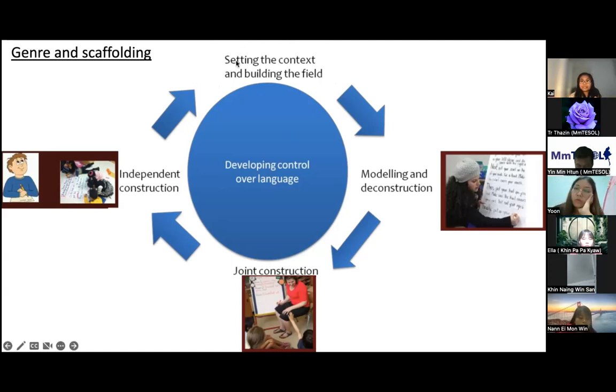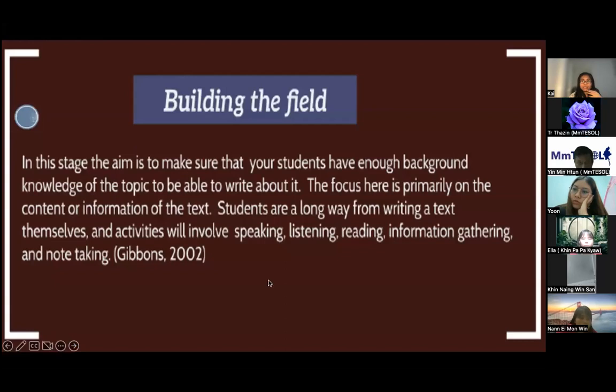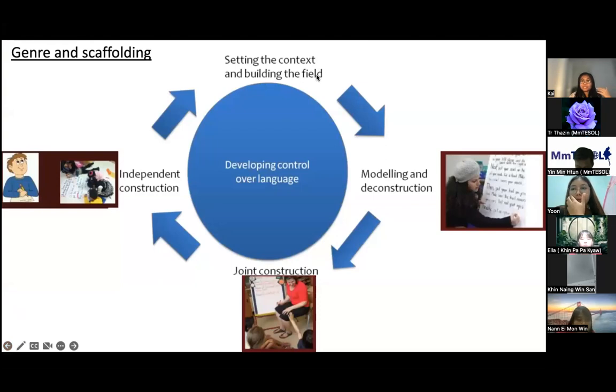So that is building the context, building the field. In this stage, we are just building the background knowledge for the students to help them be able to write or speak the same genre at the end of the lesson.